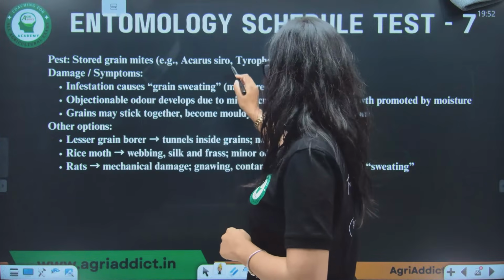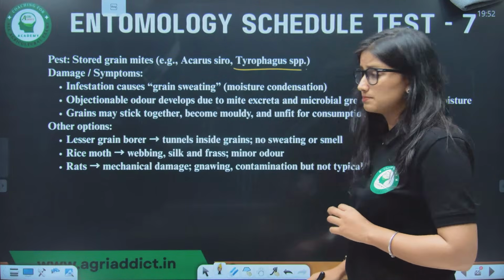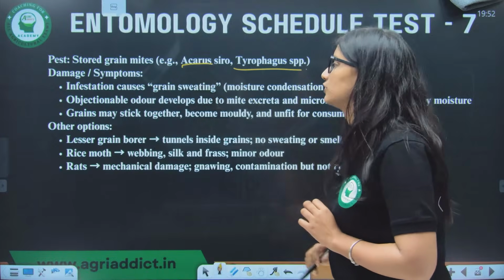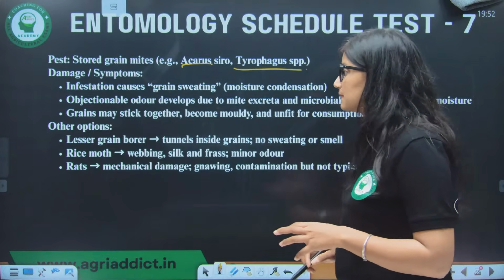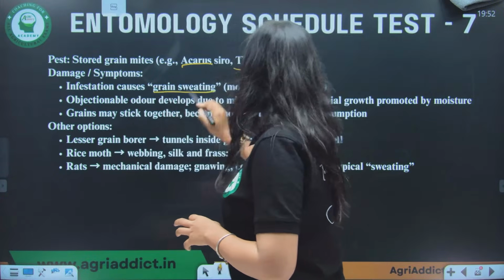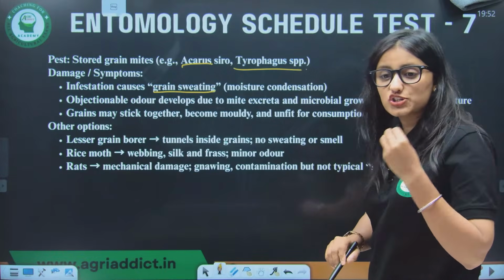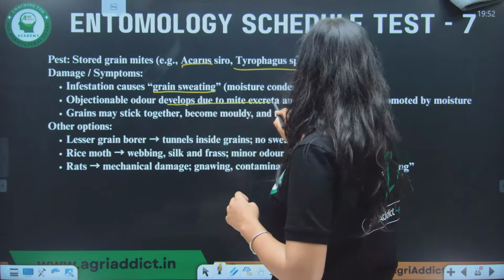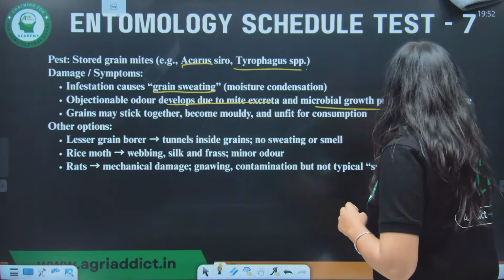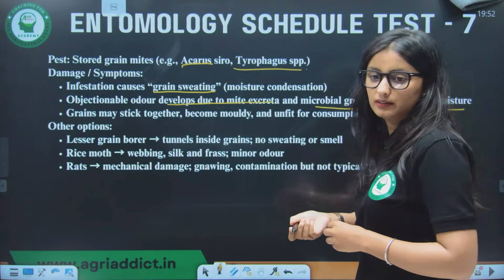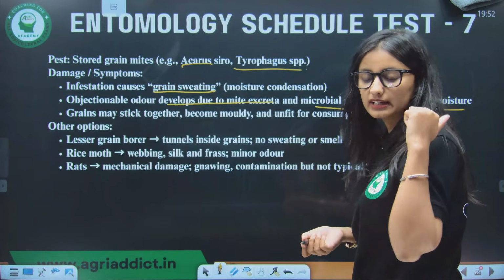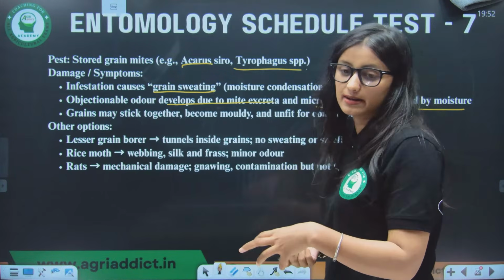So which mite? Tyrophagus mite and this Acarus siro. So what are the symptoms? Infestation causes grain sweating. Objectionable odor develops from mite excreta and microbial growth promoted by moisture. As I told in the case of moth, molds develop after that.